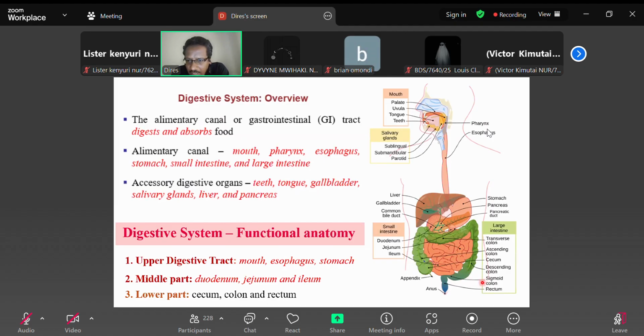By the way, in Africa, we eat fibrous food, food which is rich in fiber, like cabbage and all these things. So as compared to Western people, people living in Europe and America, our sigmoid colon is a little bit bigger in size, because we eat a lot of fiber-rich food.